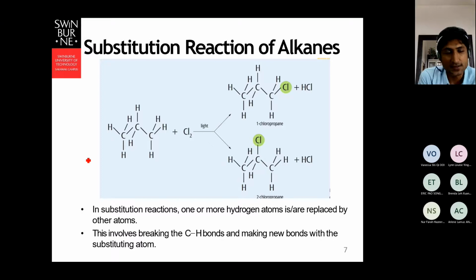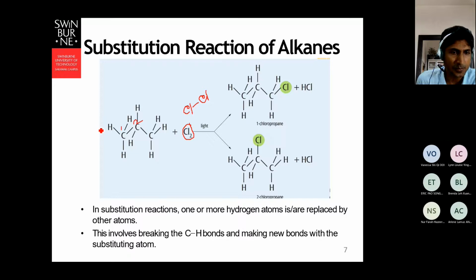Another question it asks: chlorine is a diatomic molecule, right? That means there will be two atoms in the molecule, or for more clarification we can write Cl and Cl. So this is a chlorine molecule, and then this is 1, 2, 3.